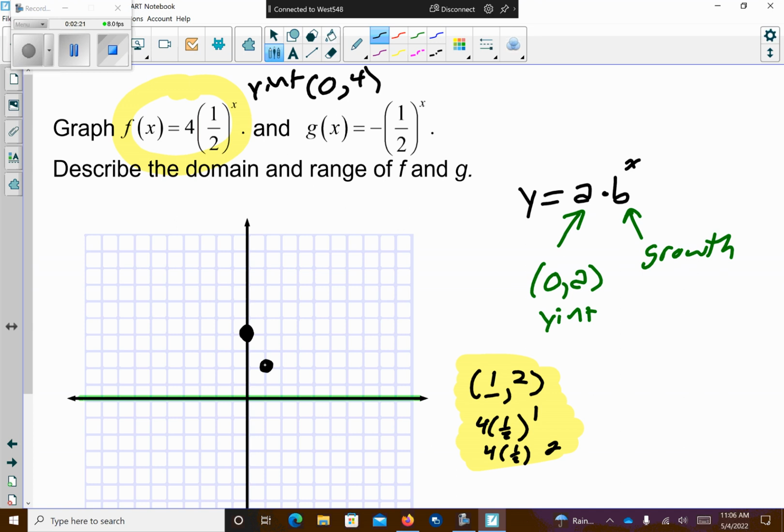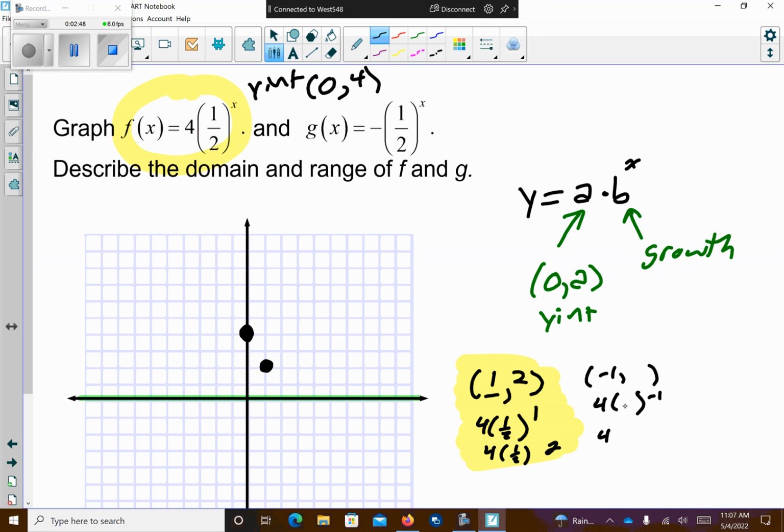Okay. So this particular function, if we continued it a little bit, we could plot another point. If I plotted -1 and plugged it in, I'd get 4 times 1/2 to the -1. What should I do with this half if it's raised to a -1?